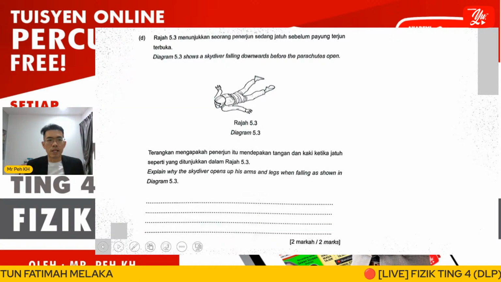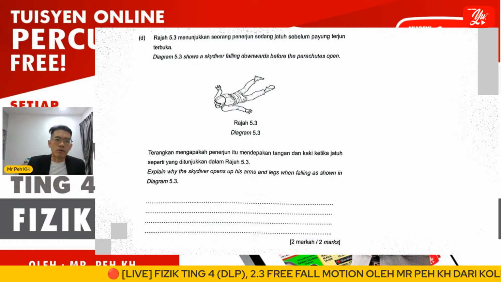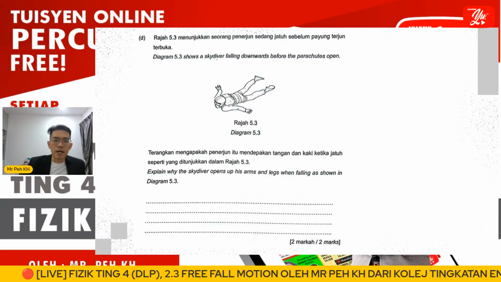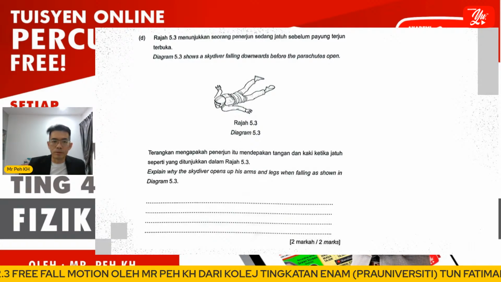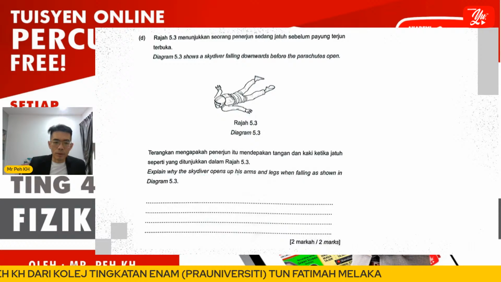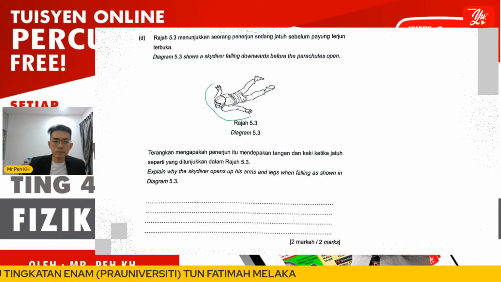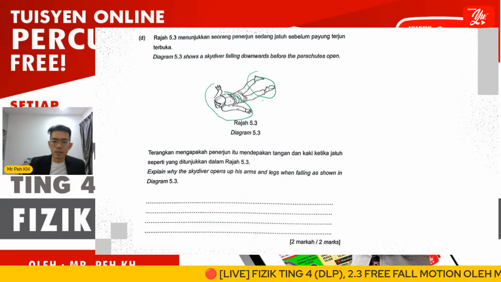The last sub-question for question number 1: diagram 5.3 shows the skydiver falling downward before the parachute opens. Explain why the skydiver opened his arms and legs when falling, as shown in diagram 5.3.